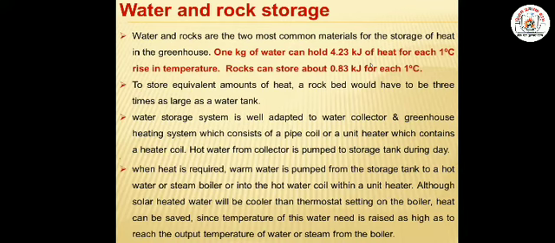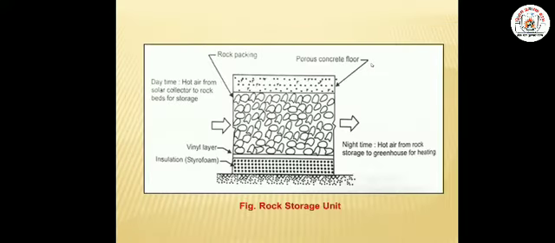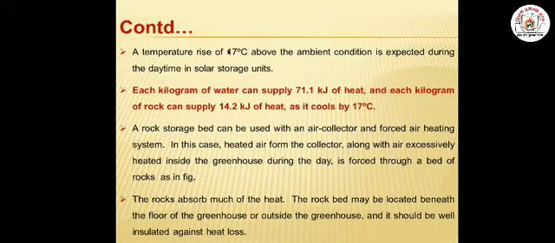In this way, water can store the energy or heat, and rock also can store the energy. Each kilogram of water supplies 71.1 kilojoules of heat, whereas each kilogram of rock can supply 14.2 kilojoules of heat when it is cooled by 17 degrees centigrade.